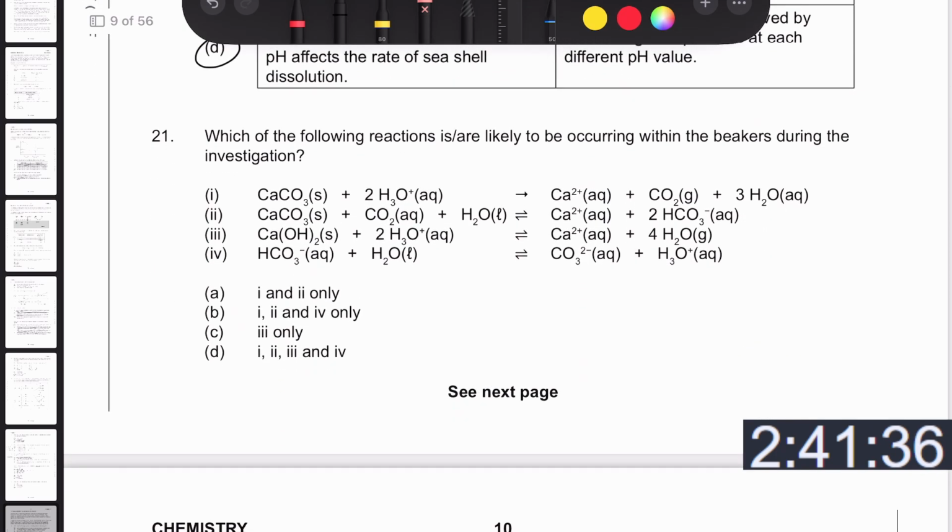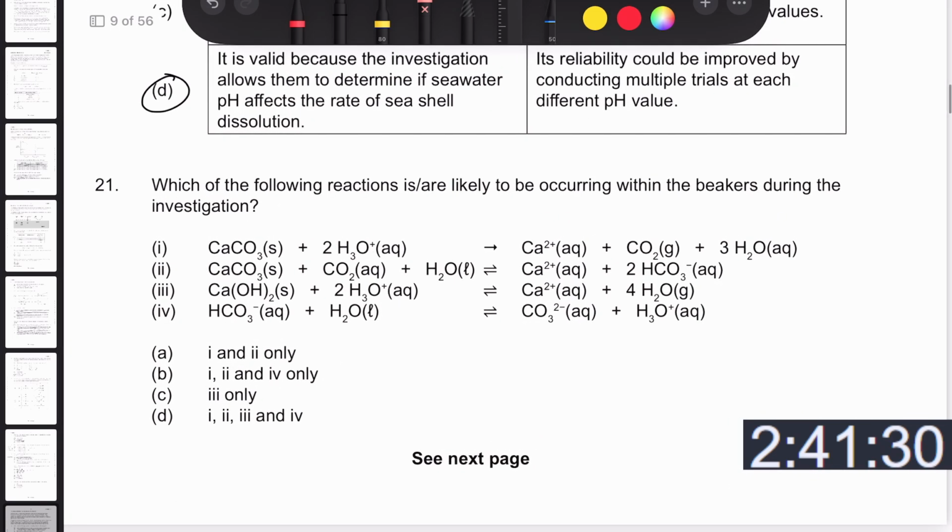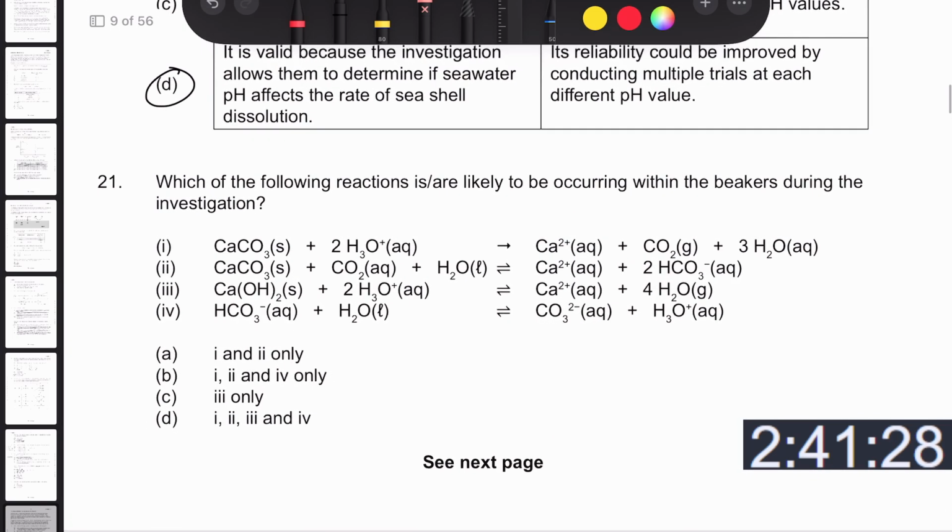Which of the following reactions is/are likely to be occurring within the beakers during the investigation? So I think 1 works. CO2 aqueous.